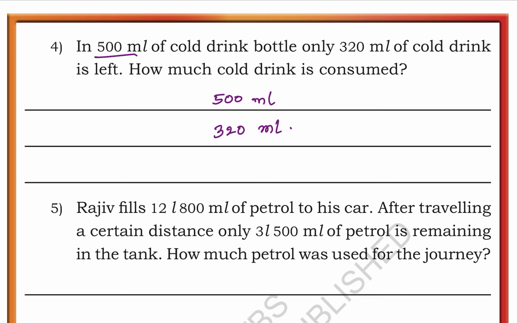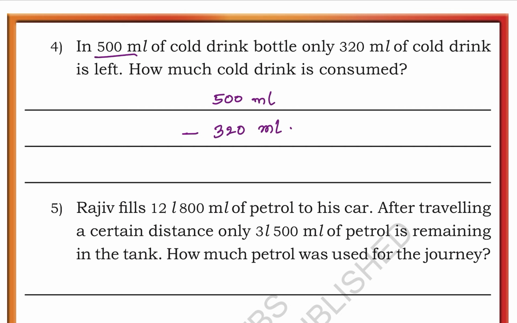How much cold drink is consumed? If the bottle is of 500 ml and the leftover in the bottle is 320 ml, then how much is consumed? Then what we have to do? If you want to find how much cool drink is consumed, then we have to subtract what is left over in the bottle from the capacity of that bottle.